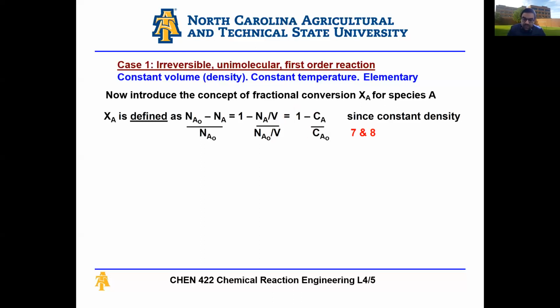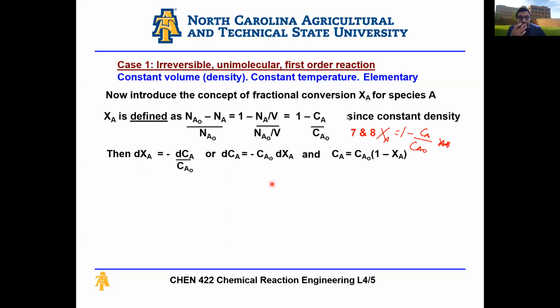You will need to use it a lot in your manipulations. So please be aware of this. This right here, XA is equal to 1 minus CA divided by CA naught, is a very useful tool for you in solving problems. Don't forget about it. Okay.